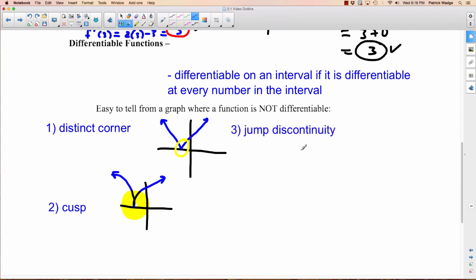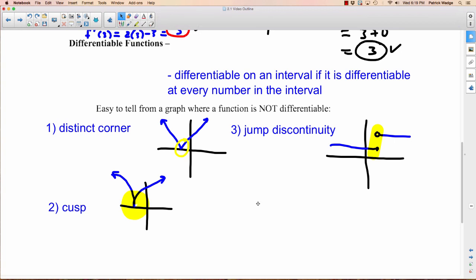Remember the jump discontinuity? Let's sketch one of those for you. So if we have some kind of function and it's going along here, very good, it's all differentiable, good. Whoop, we jump up here to complete the function, right? There's this jump here, and so in this region here, it's not differentiable.